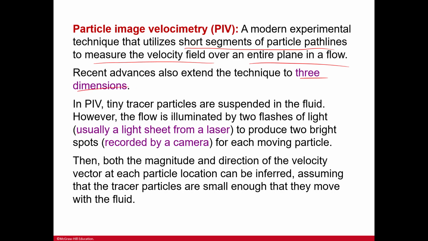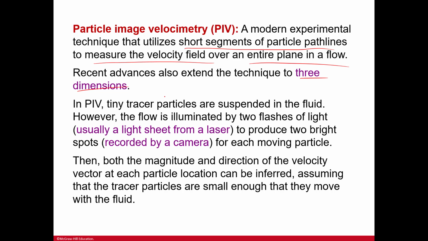Recent advances also extend the technique to 3 dimensions, and so that way we have XYZ. And so in PIV, tiny tracer particles, remember we looked at those tracer particles before, are suspended in some sort of fluid, and remember that can be liquid or gas. And the fluid is illuminated by 2 flashes of light, so it's heavily dependent on you having the correct light to extrapolate this data.